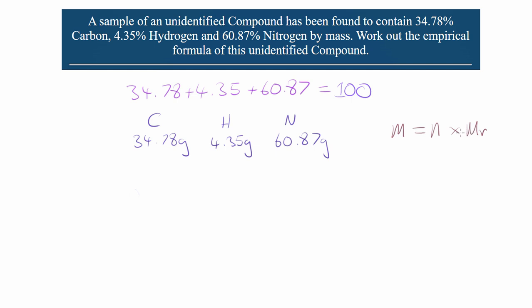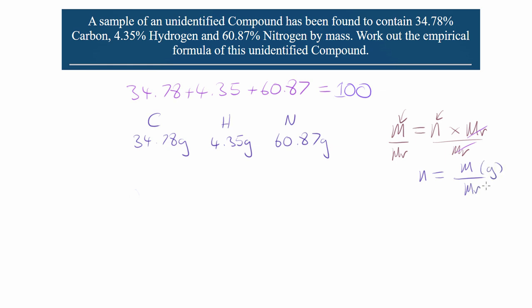And when we rearrange that, because what we have already is the mass and we're trying to work out the moles, we divide both sides of this equation by the molar mass. We find that this will cancel, and therefore when we make moles the subject, we get moles equals mass divided by molar mass.